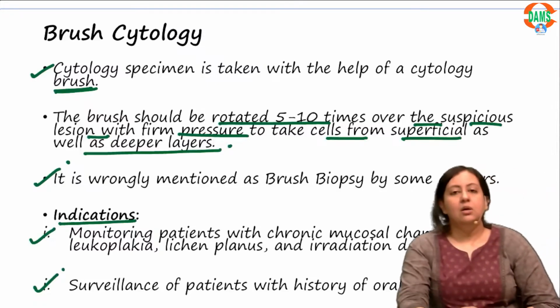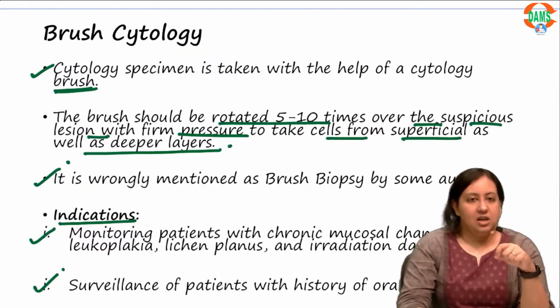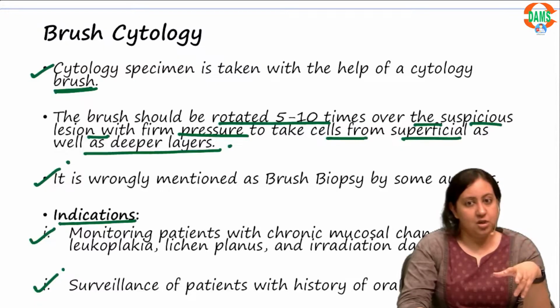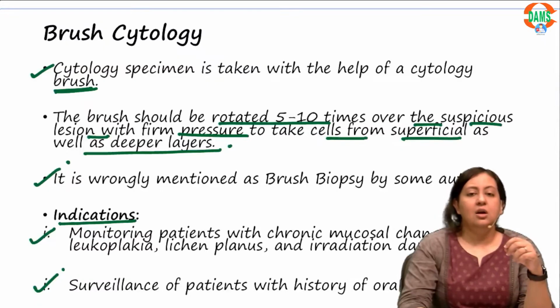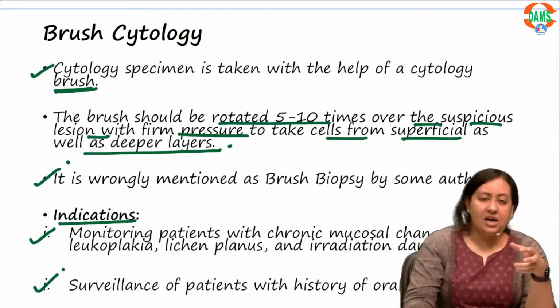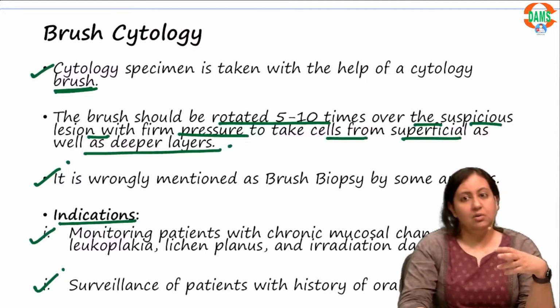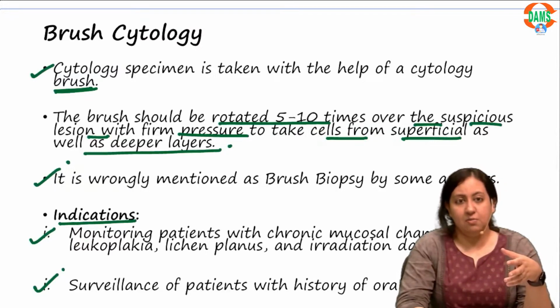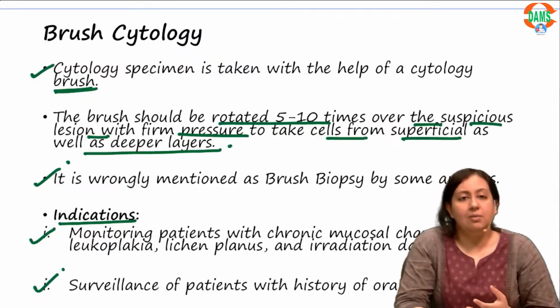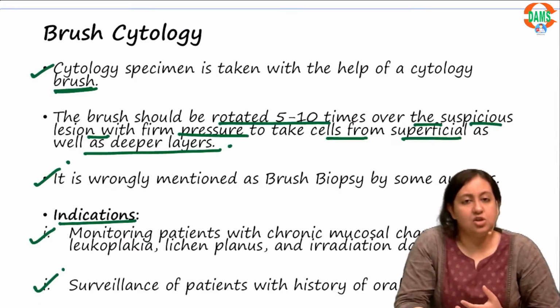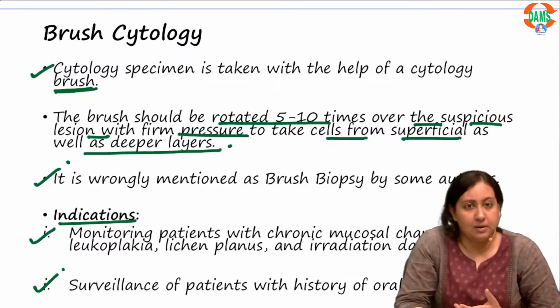Now what do you mean? Suppose there is a pre-malignant lesion or condition, and you want to study it and rule out whether any transformation has taken place. In that precancerous lesion, you can use a brush biopsy.